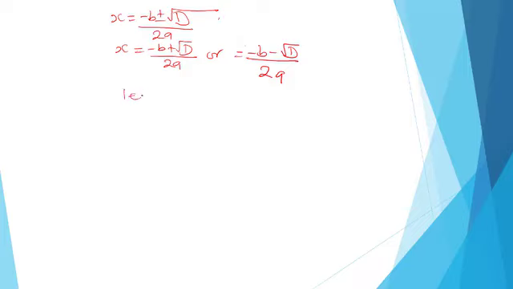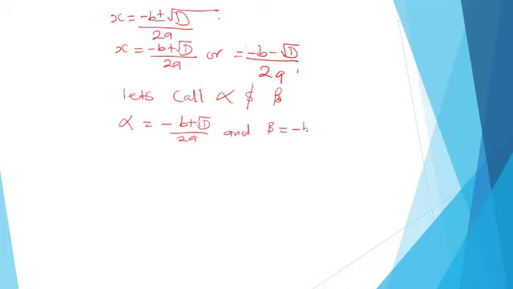Now let's denote this alpha and this beta. So alpha is equal to minus b plus the square root of d over 2a, and beta equals minus b minus root d all over 2a. Now let's look for the sum of roots.